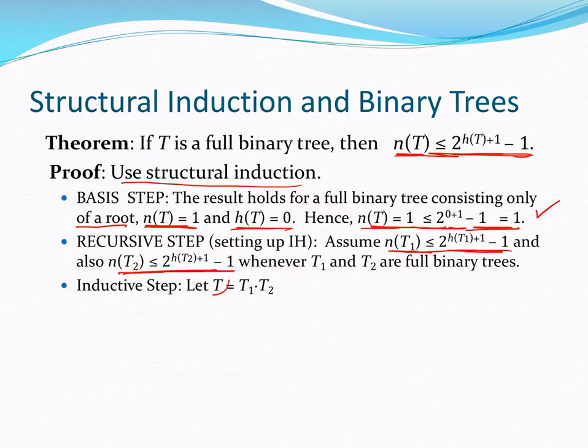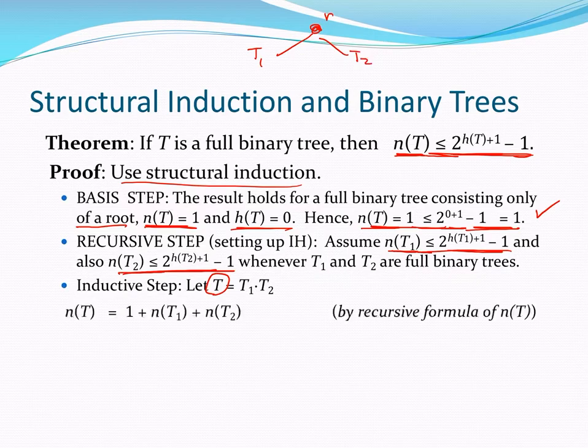So now we're going to create T from T1 and T2. That is, we're going to have a root with T1 over here and T2 over here. And the number of vertices, as we had said before, is 1 plus the number of vertices in T1 plus the number of vertices in T2.